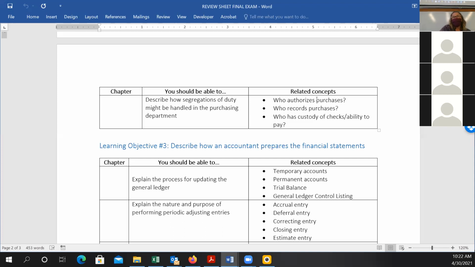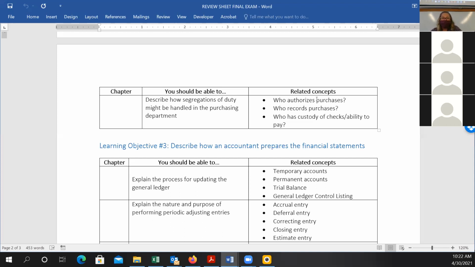Accounts, yeah. No, because that would be academic fraud, and that's not good for any parties involved. But yeah, so the authorizing department is the purchasing department. The recording department is the accounts payable department.